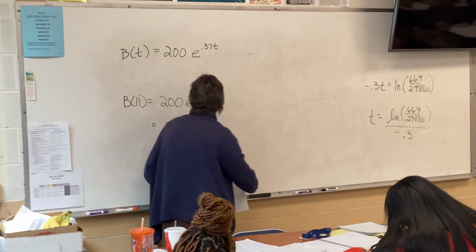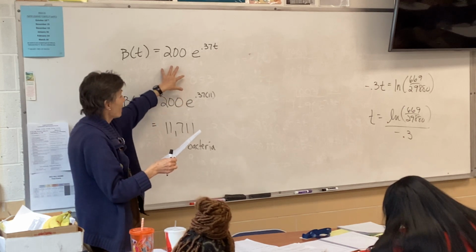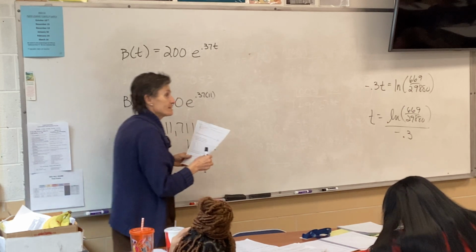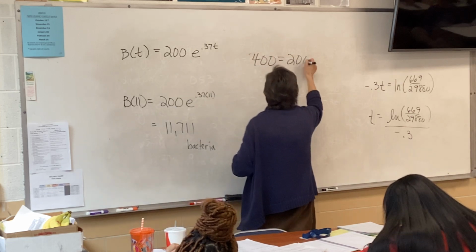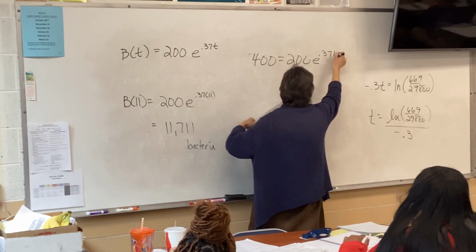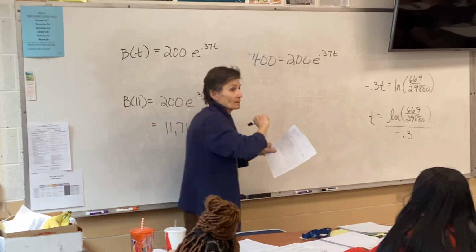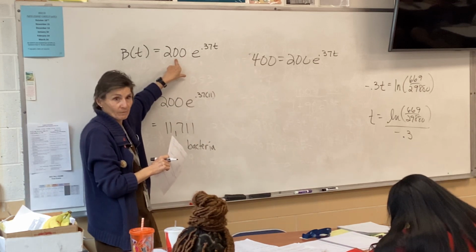Okay, so what are you going to do? Here's your equation. 400. Exactly. How does Robbie know I'm going to put a 400 there? The problem doesn't say anything about 400. How did he know that? What's 200? The initial value.